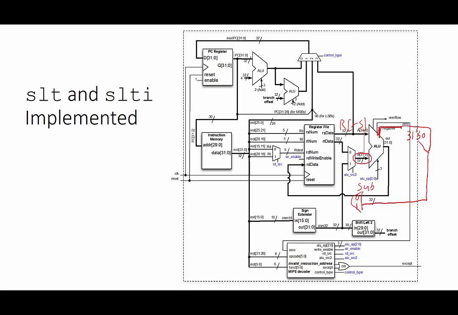We're going to get rid of, and then replace, this RD data line with the selection from this MUX, and we're going to control this MUX with a set if less than control signal that is 1 when the instruction is set if less than, and that'll be determined by the decoder.